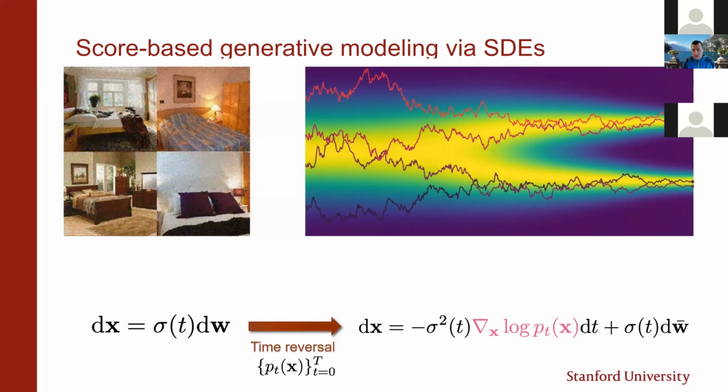And it turns out that it has a relatively simple analytical form. The critical thing that you need to know in order to characterize this reverse time SDE is the score of the noise perturbed data densities that you have in this sequence indexed by t, by the noise level.